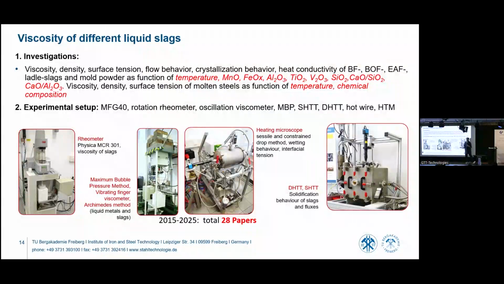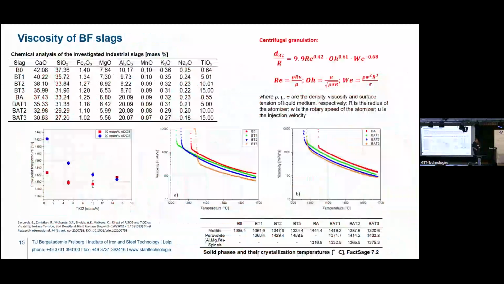Yes, we can measure at our institute viscosity, surface tension, density, crystallization temperature, flow behavior, and heat conductivity of molten steels, metals, and of molten slags. Here are some examples.